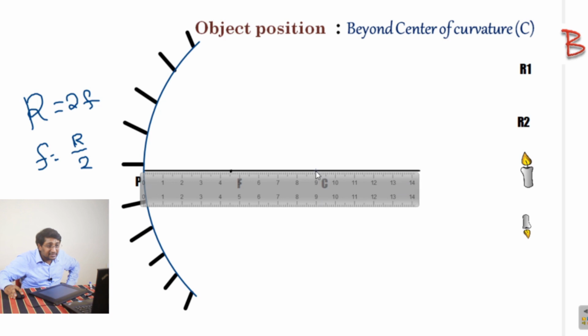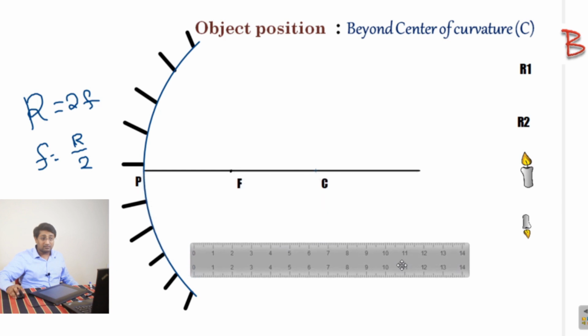And as I can see over here, if you check carefully, this particular point is at 9 centimeters. So the radius of curvature is 9. What is 9 divided by 2? Yes, it's 4.5 centimeters. And that's where I have the focal point. It's at 4.5 centimeters.